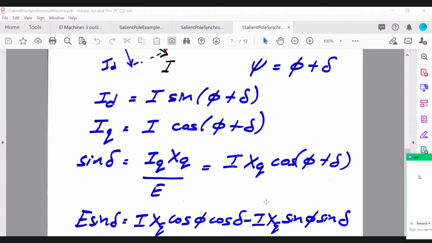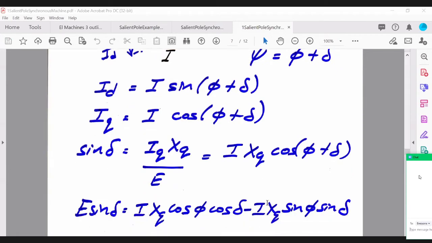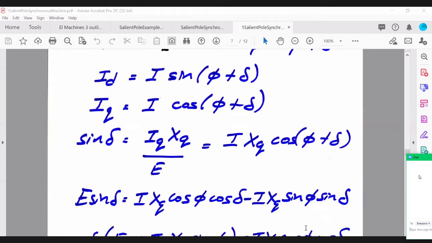And also you can simplify, okay? If you send this to the numerator, it will be E sine delta being equal to this expansion of the two angles here. So we're going to expand using your trigonometric identity, cos A plus B as you've studied. Here it's phi plus delta.